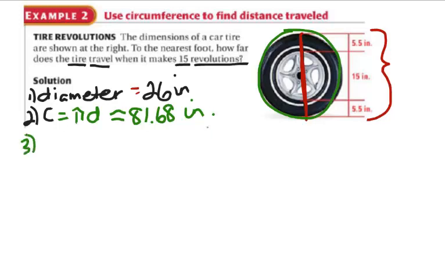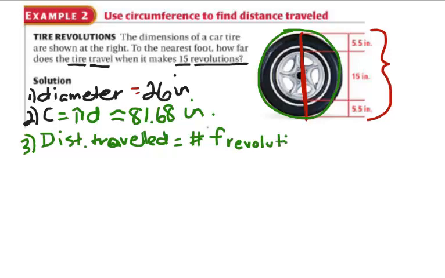Now, let's look at number 3, the distance traveled. The distance traveled is going to equal the number of revolutions times the circumference.